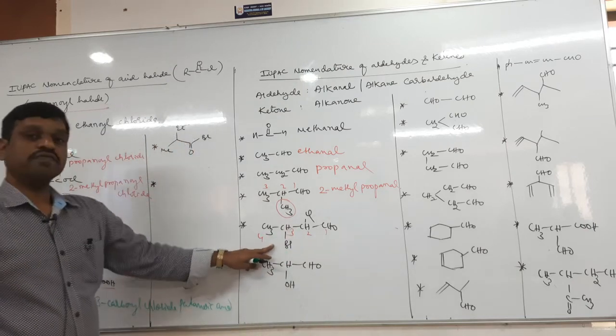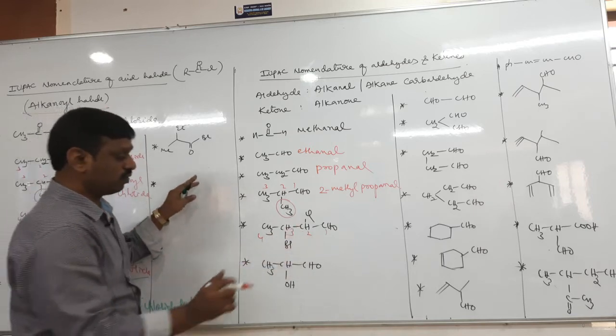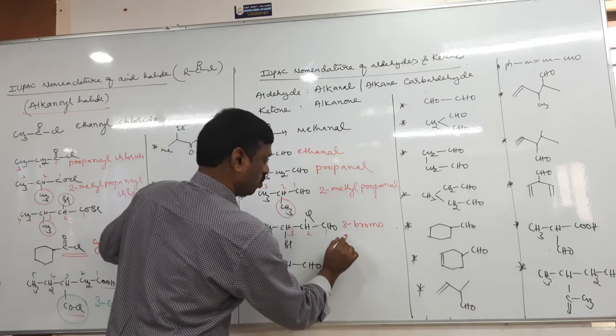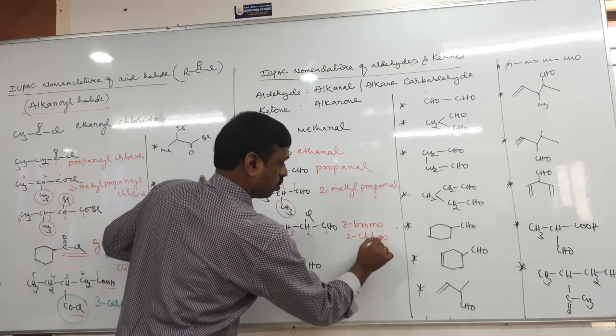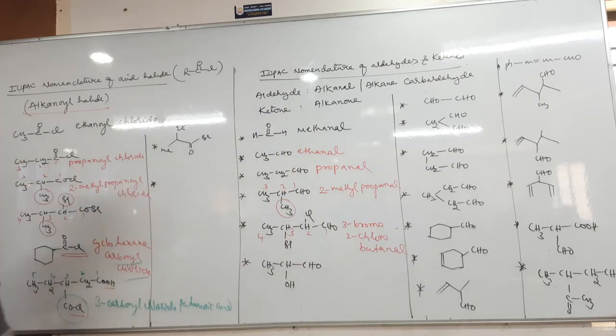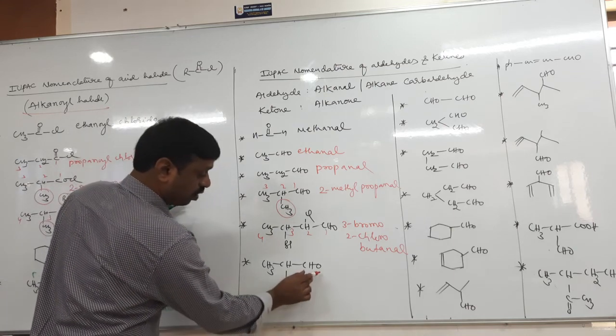So bromo comes first. 3-bromo, 2-chloro, butanal. 3-bromo, 2-chloro, butanal.